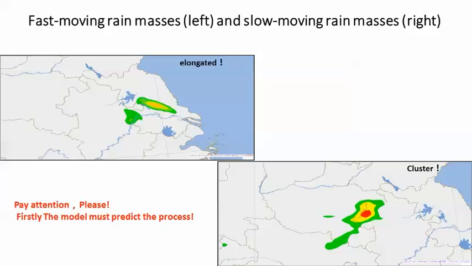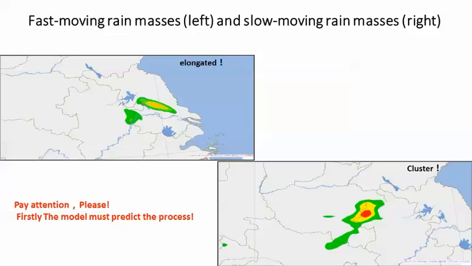Pay attention here, please. We have known that in general all numerical weather prediction models are least skilled at forecasting precipitation. So firstly, the model must predict the process. Relatively speaking, look at this image.